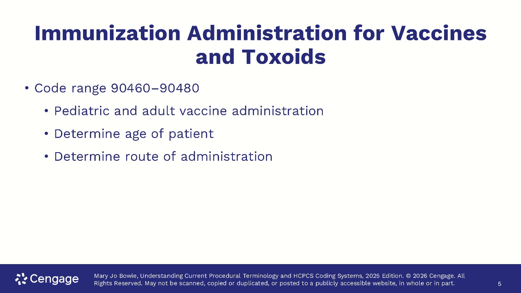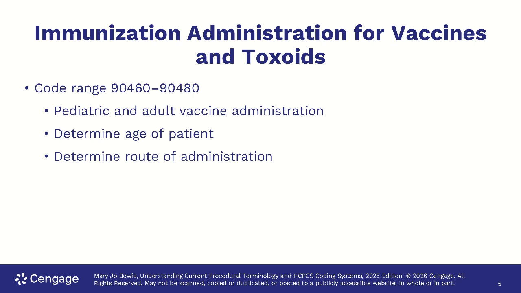Immediately after immune globulins, what you actually see are the codes that reflect administering a vaccine and a toxoid. When we give these injections, we need a code for the little bottle itself and then the act of administering it. But these right here are for vaccines and toxoids.